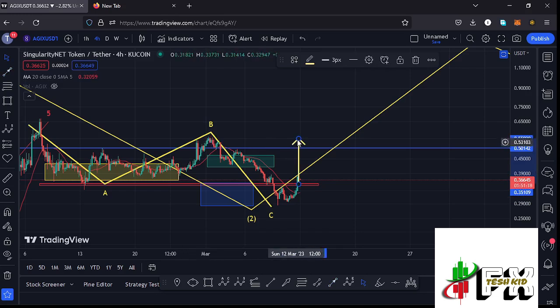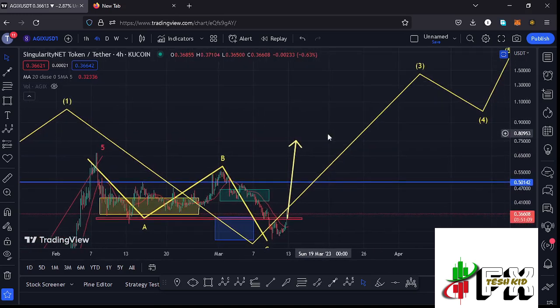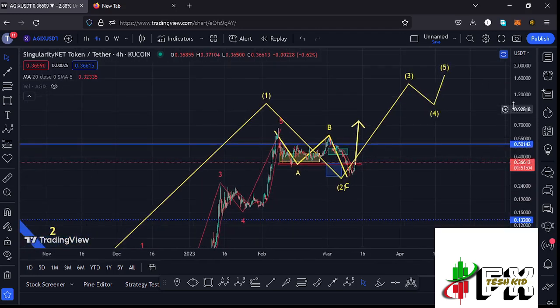And the moment we manage to break above that, then I'll be watching the wave 1 high, which lies at around the $0.67 mark, and a break above that, then that will be enough confirmation that whatever we are seeing is the start of that impulsive wave to the upper side in the formation of that wave 3.